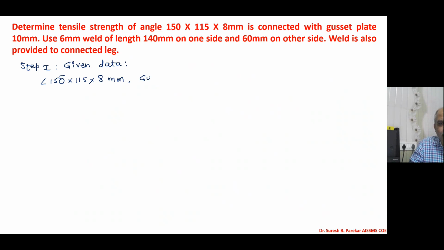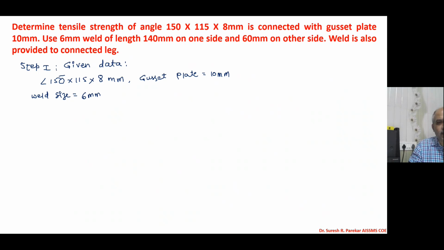Gusset plate 10 millimeters. Weld size 6 millimeters. Now weld length 140 on one side, 60 on the other side. Weld is provided to the connected leg also.